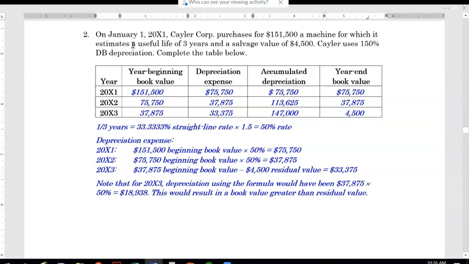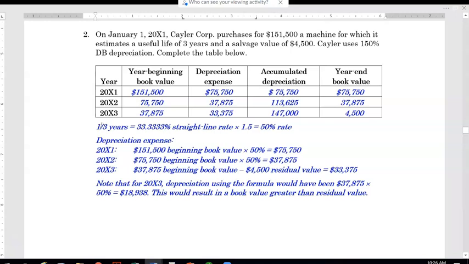In January of 2021, Kaler Corporation purchased equipment machine for $151,500, for which it estimates a useful life of 3 years and a salvage value of $4,500. Kaler used 150% declining balance depreciation. Complete the table below. So for 150%, we just need to calculate the rate first.